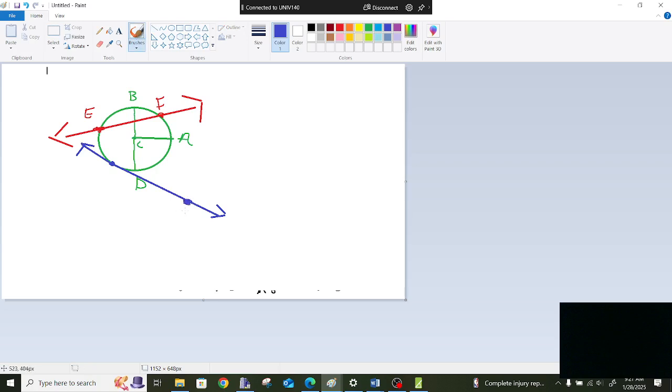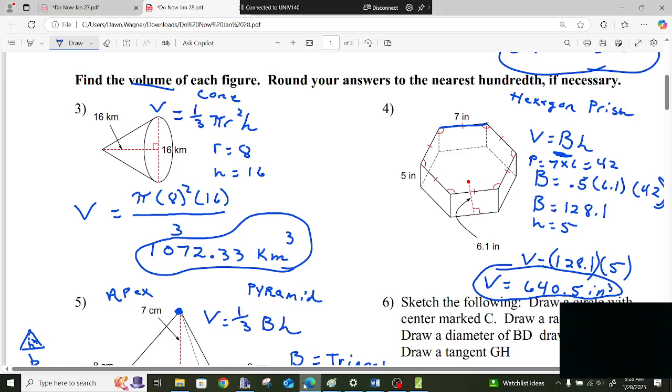It doesn't matter where you label your segment as long as it's labeled, as long as you have points there that are labeled. Any questions on that one? You understand it? Yay! That's my goal.